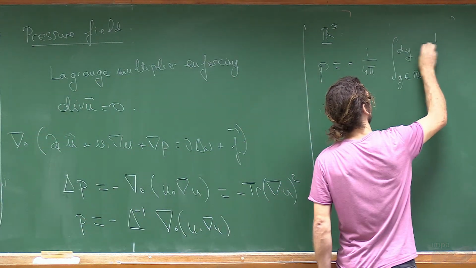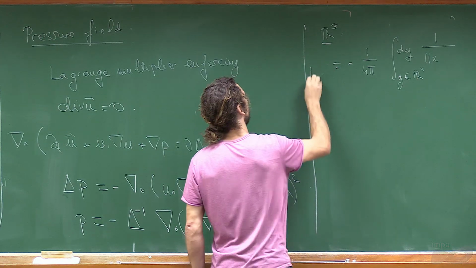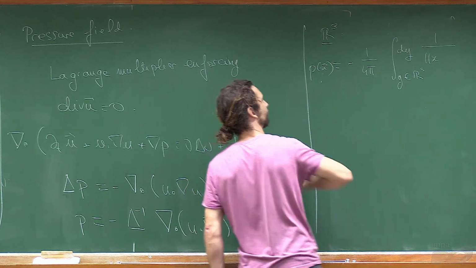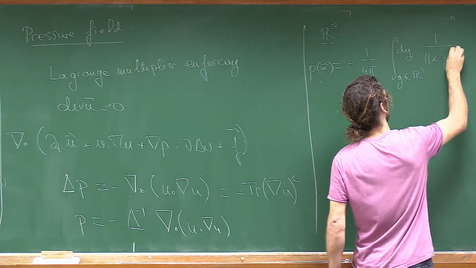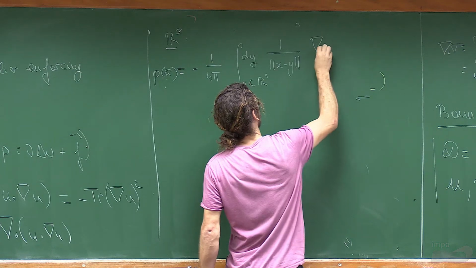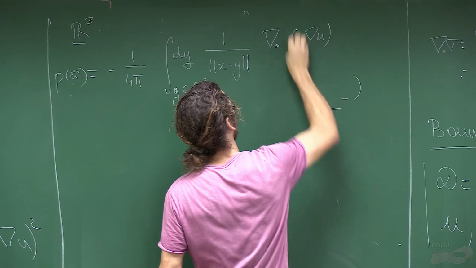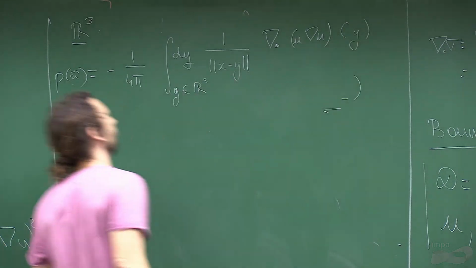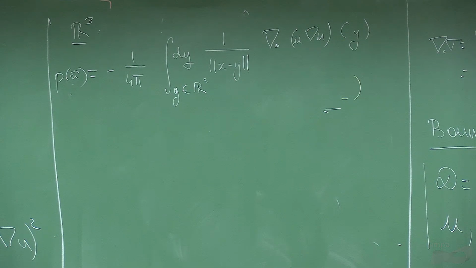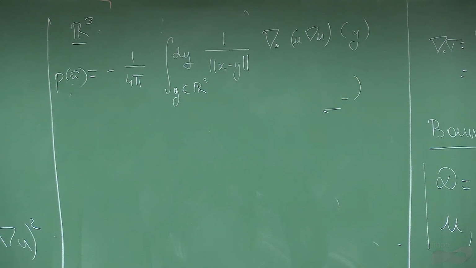So there is a kernel, which is p of x minus y, times this guy here, div of u grad u in y. It's an ugly expression, but okay. The only comment is that there is an integral here, and there is a kernel here, and this comes from this guy here.